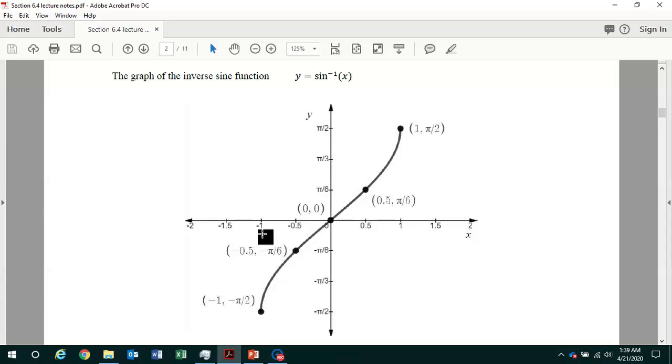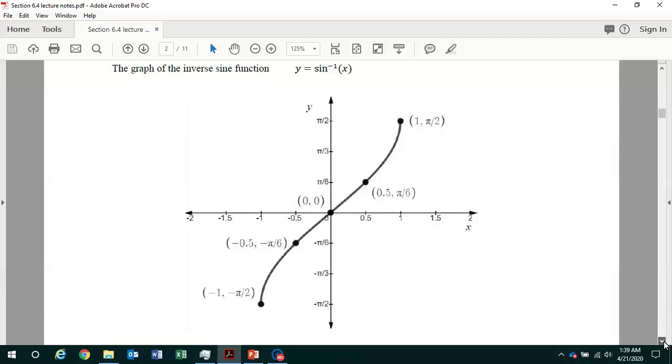And again, the domain is from -1 to +1. Those are the numbers we can put in for x, and the range is the angles in radians from -pi/2 to +pi/2, which is the same as -90 degrees to +90 degrees. So this point right here has an x coordinate of 1/2 or 0.5, and the output angle is pi/6. So the inverse sine of 0.5 is equal to the angle pi/6 radians.